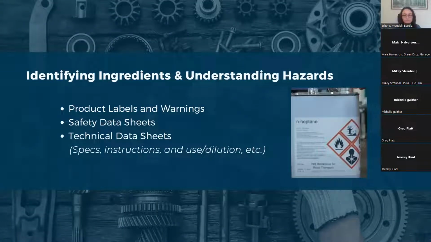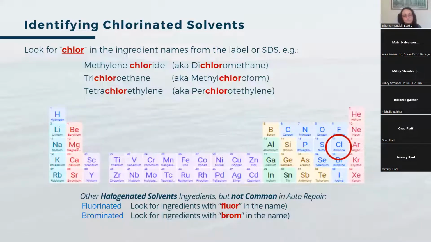So I'm going to take you through some ways to identify some of these hazards and hopefully help people understand the importance of labels and warnings and safety data sheets. I'm not going to talk about technical data sheets, but they are kind of important for proper product use. Some of that information is also in the SDS. So next slide, please. Identifying chlorinated solvents.